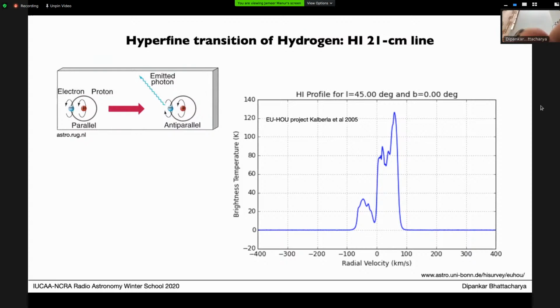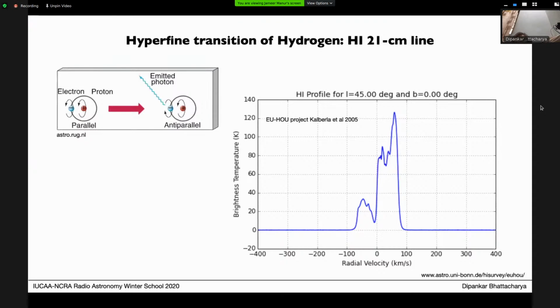And this is one of the most prominent spectral lines in the radio band, where in a hydrogen atom, the electron and the proton, if they make a transition from parallel spin to anti-parallel spin, then an energy difference occurs and a photon is emitted. And that photon has this frequency of 1420 megahertz or a wavelength of 21 centimeter. Since hydrogen is highly abundant in the universe, this line happens to be one of the strongest lines that one can see both in emission and in appropriate situations in absorption.